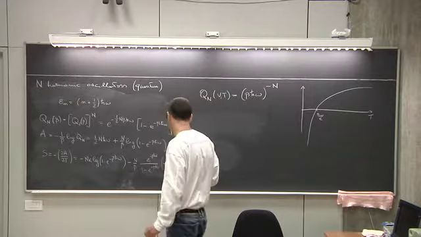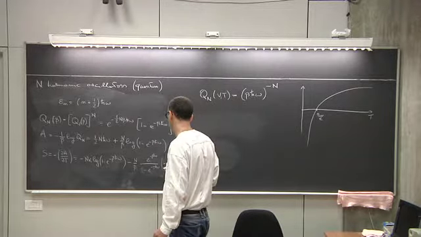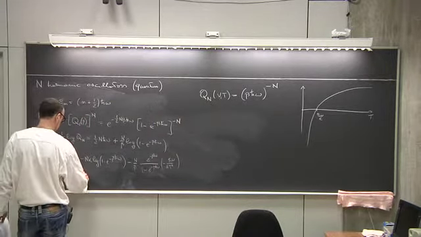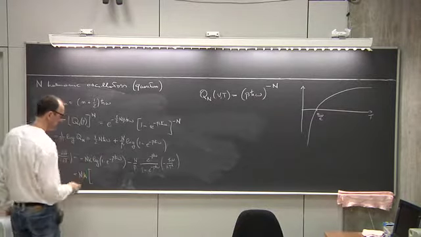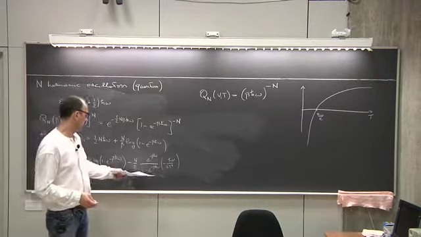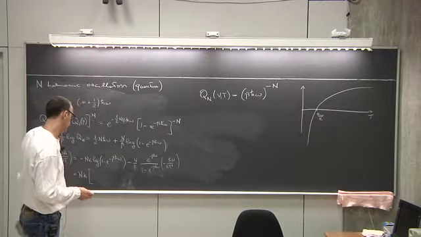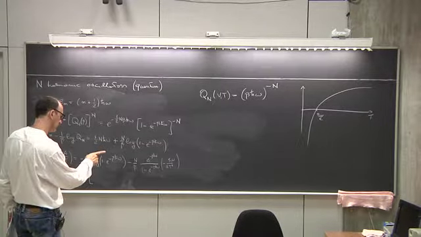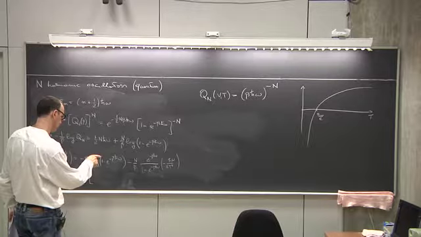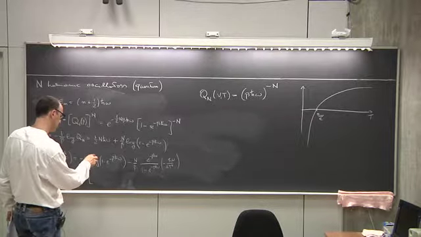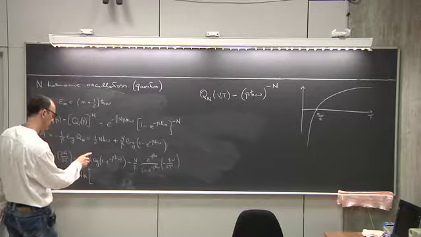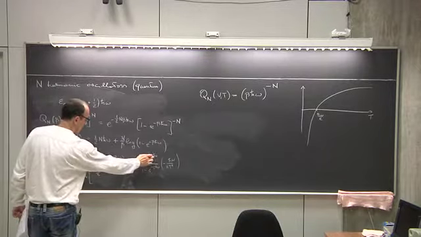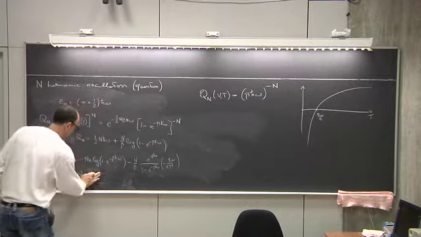So in the end, the result is that I can write it as nk, and then there is this factor here, e to the minus beta h bar omega, which I can multiply by e to the beta h bar omega above and below.